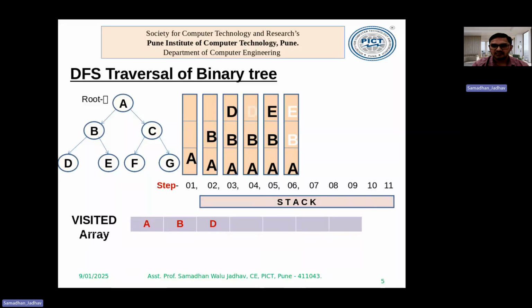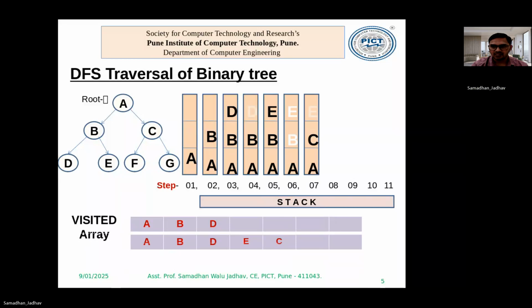Now A is there in the stack. Check whether A has any unvisited children. Out of B and C, B is visited and C is unvisited. So push C, visit C and copy C into visited array. You can see in the visited array, after A, B, D, E, C is there, as it is visited after B and D. Now C is on top of the stack.